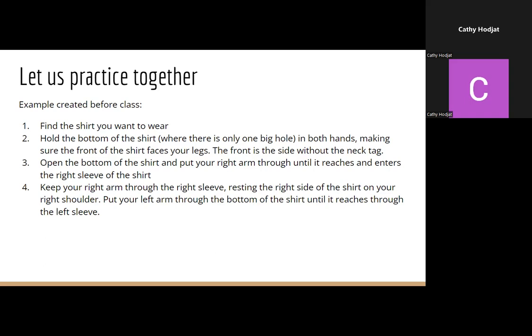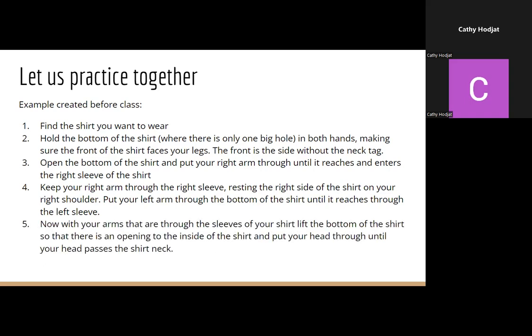Put your left arm through the bottom of the shirt until it reaches through the left sleeve. Now with your arms through the sleeves of your shirt, lift the bottom of the shirt so that there is an opening to the inside of the shirt. This is the bottom, I'm opening it.